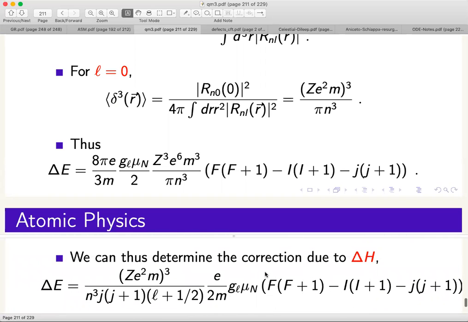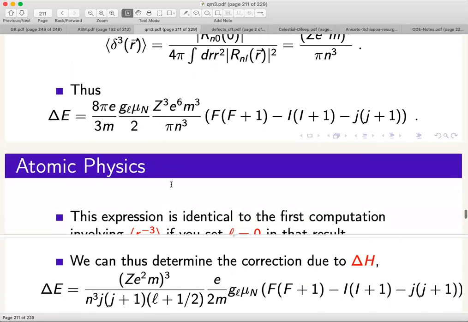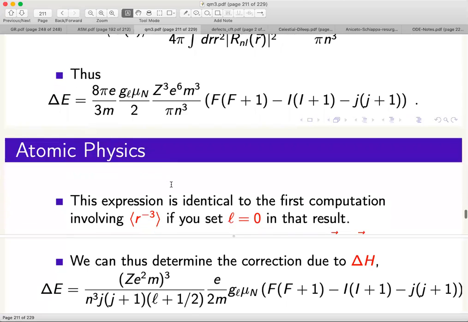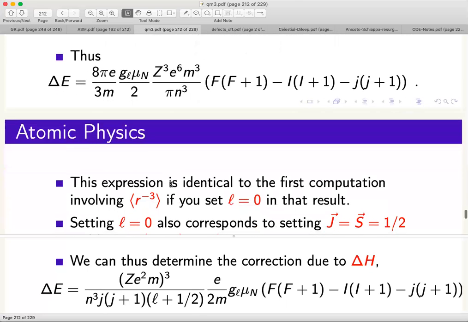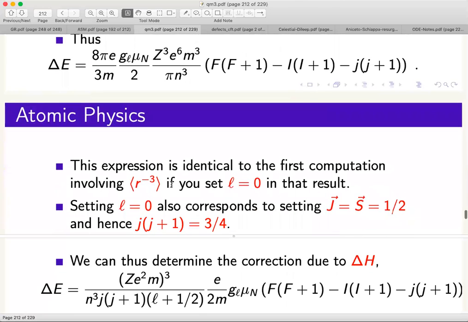This is the result for the 1 over R cubed term, and this is the result for the delta function. Now let me scroll it a bit up just to make the point. Okay, so this is a term.